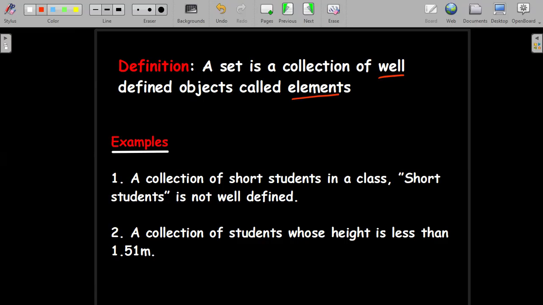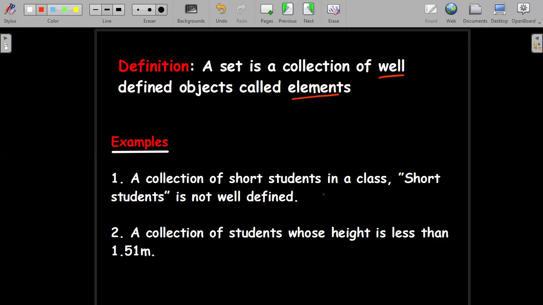The example says a collection of short students in a class. The example is trying to ride on the point that a set must be a collection of well-defined objects. Short students in itself is not well defined, because how do I know that somebody's short?